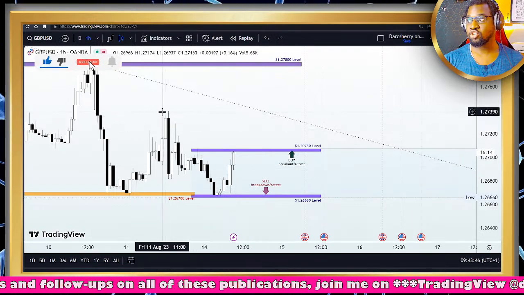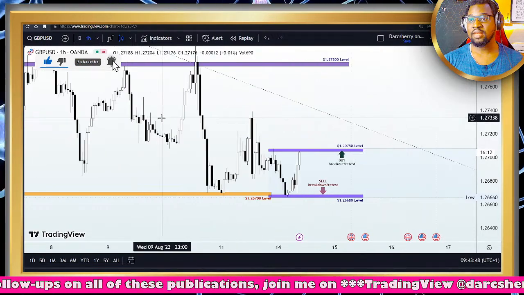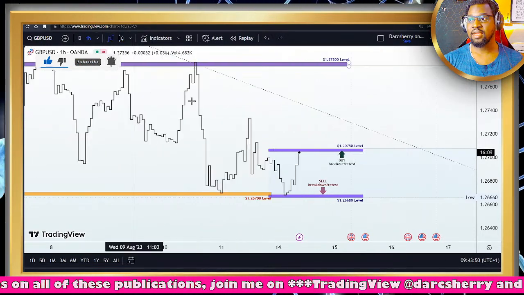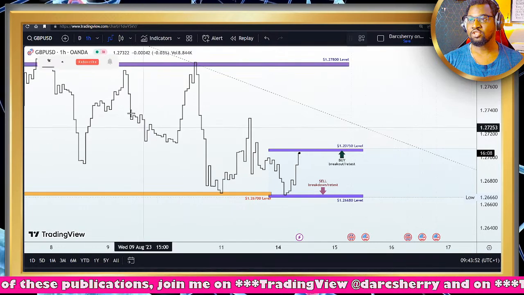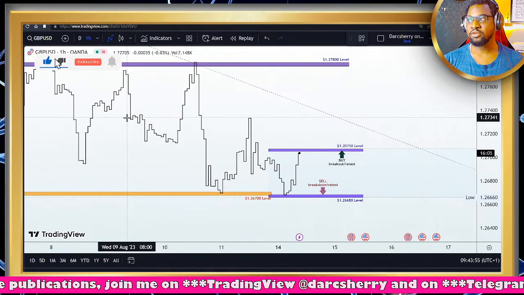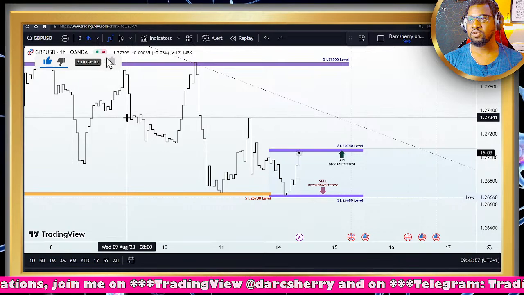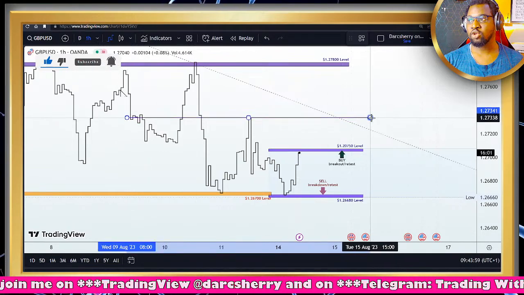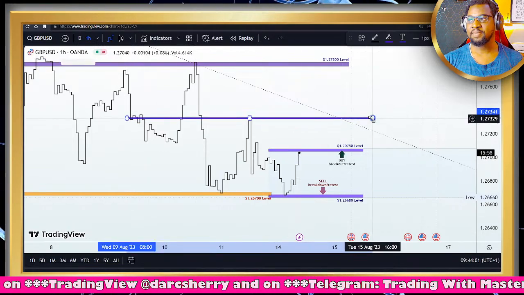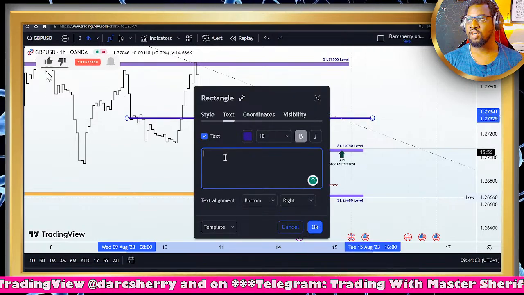We have another structure around this level, around the 1.27340 area, which of course we can also use to capitalize on this potential move.